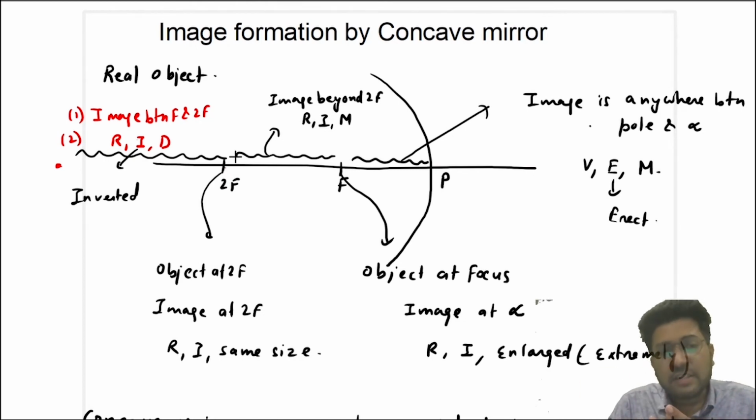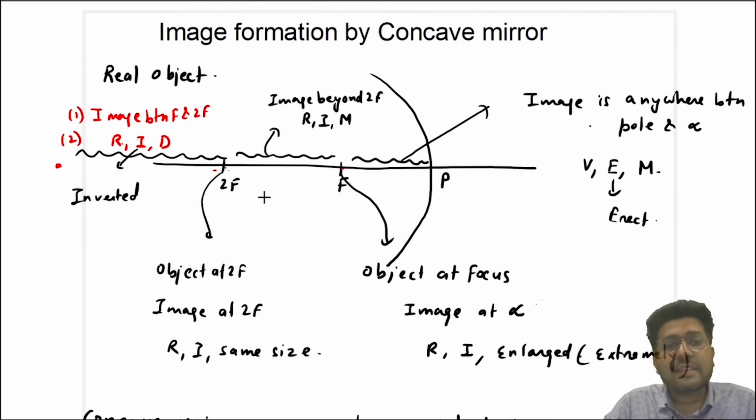Inverted image is formed, you have to remember this, and diminished image is formed. Also, the image formed is between f and 2f. You have to remember, when the object is between infinity and 2f, image is real, inverted and diminished, and it is formed between f and 2f. So object is beyond 2f, image is between f and 2f.